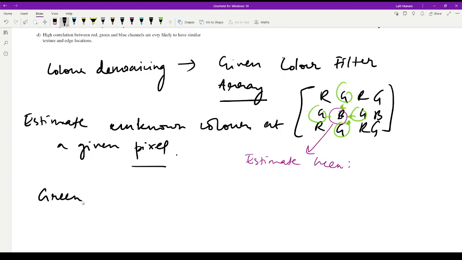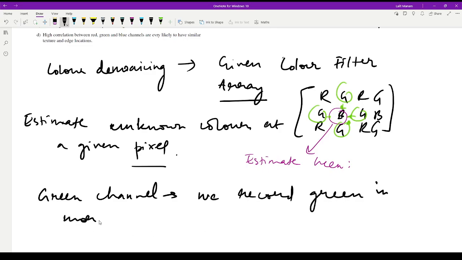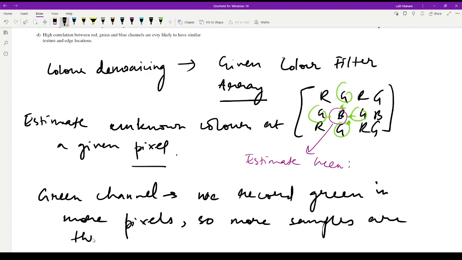True, because we record green in more pixels. What do you mean by aliasing? So more samples are there.